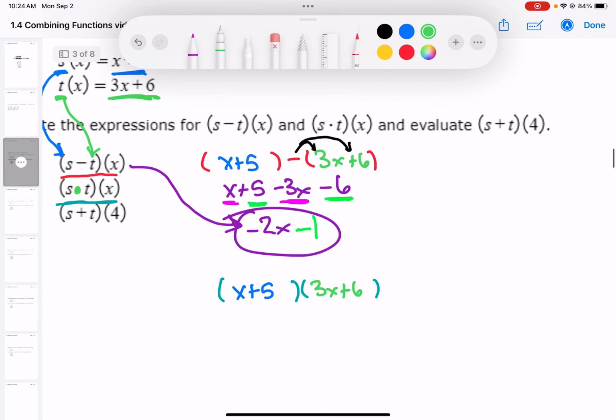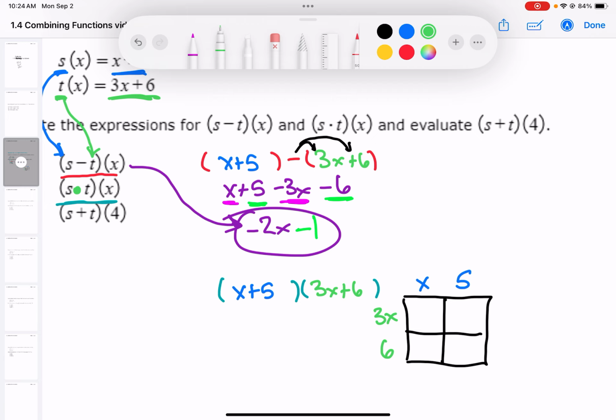That's what this multiply is right there. You can use distribution lines, you can use foiling. I really like the box method. So I'm going to take that first term, x plus 5, and that second term, 3x and 6, and as these two come together, I'm going to multiply them together.